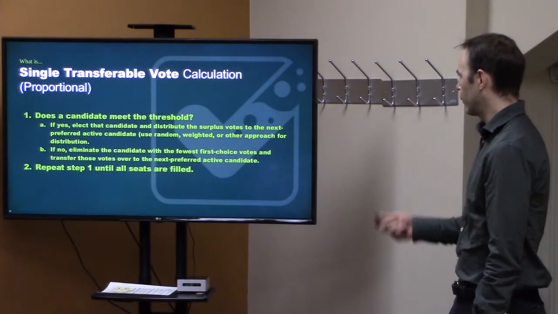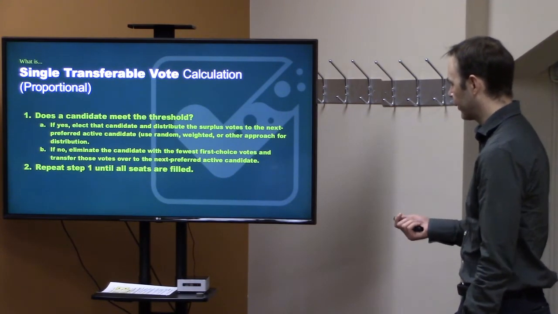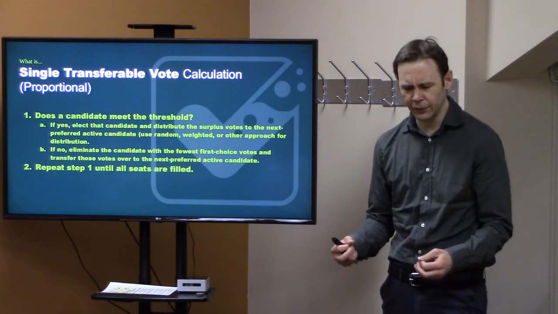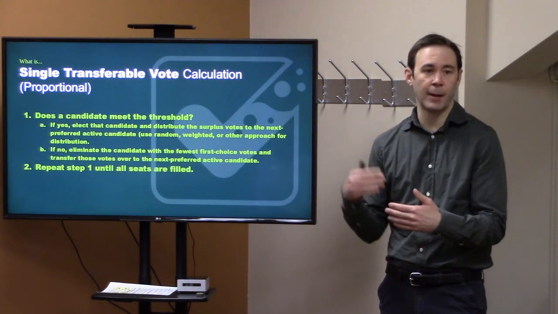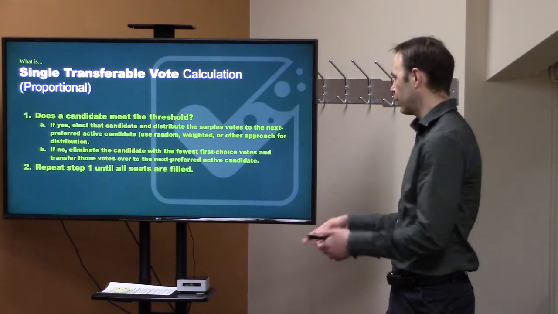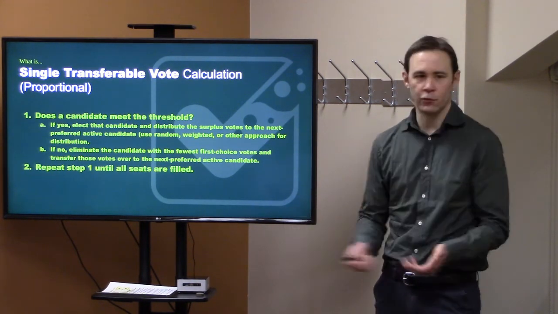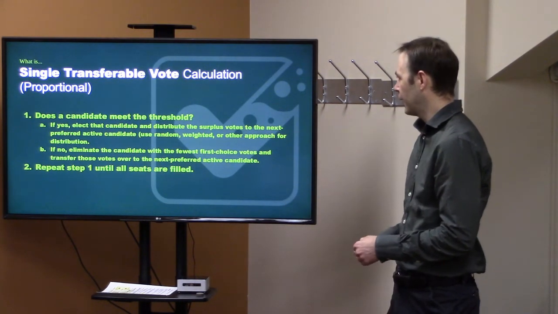Okay. And so the way that single transferable vote works is that it has a particular threshold that a candidate needs to surpass in order to get elected. This is normally called the Droop formula, and there will be a fun slide later on that goes over that.